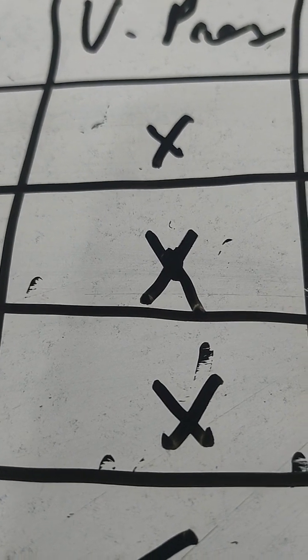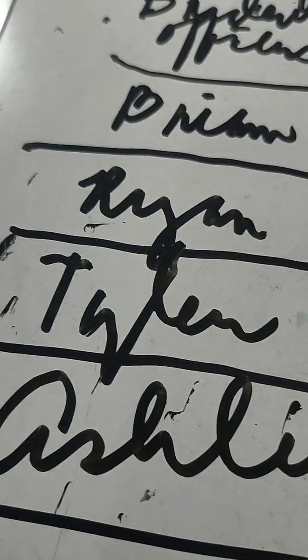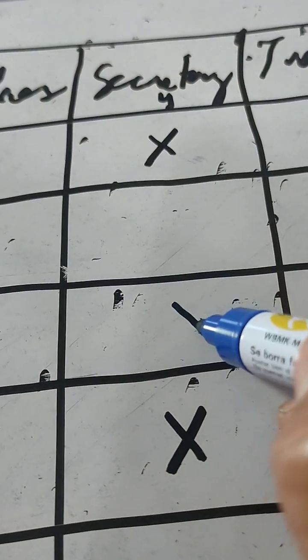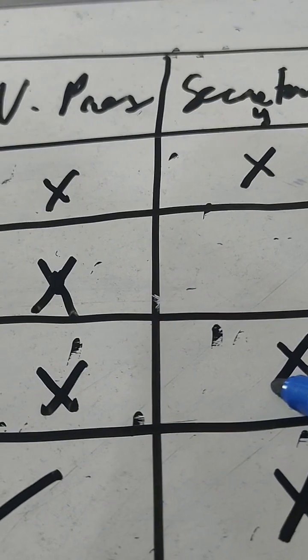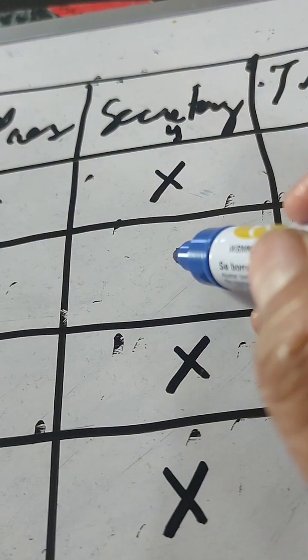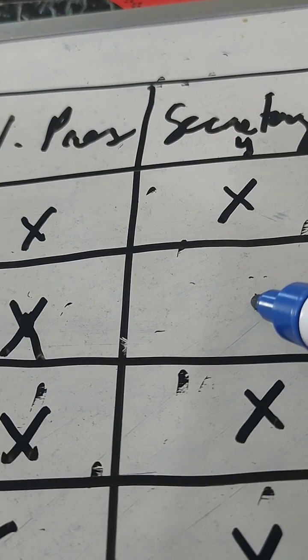After that, we proceed to the next one. Tyler and the secretary are next door neighbors. Therefore, Tyler is never the secretary. So it's here, Tyler and then the position. Let's mark this X. Therefore, since there's only one cell left here, we would say that the secretary is Ryan.